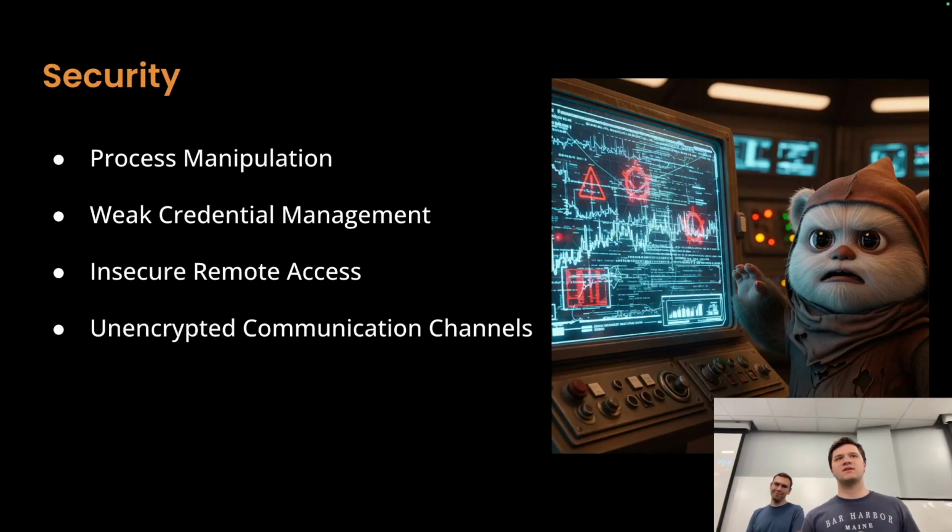Going into the security side of the house, since this is connected to everything in your industrial networks, if the attacker gets access to this, they can really manipulate the process, as well as enable a lot of the attacks we're going to go into.